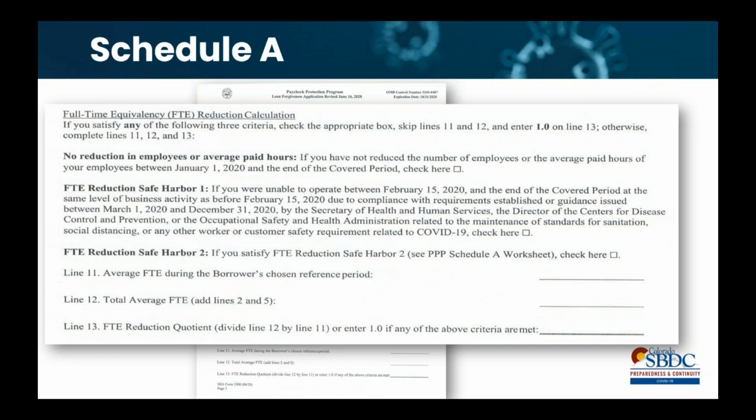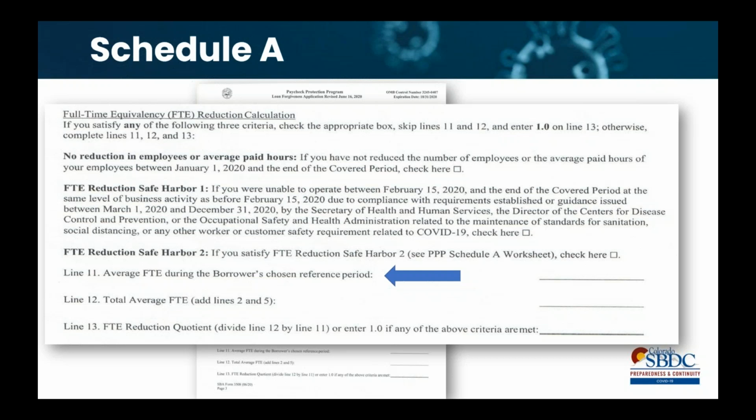Okay, so you did not qualify for any of the safe harbors and you had a reduction in FTE count. How much is it going to cost you? Well, we have to quantify how large your reduction was. The first step is to determine what your base FTE count was.